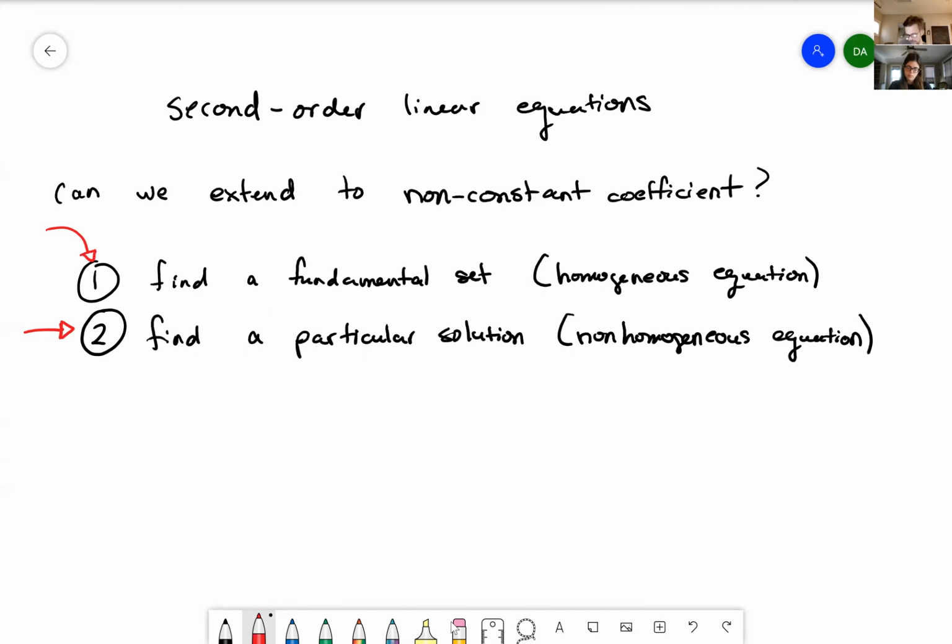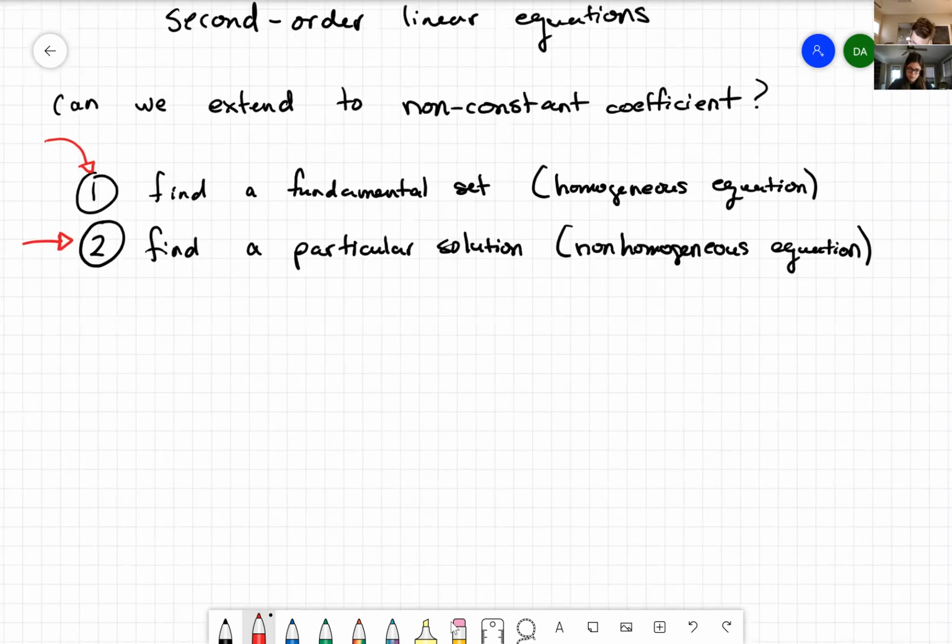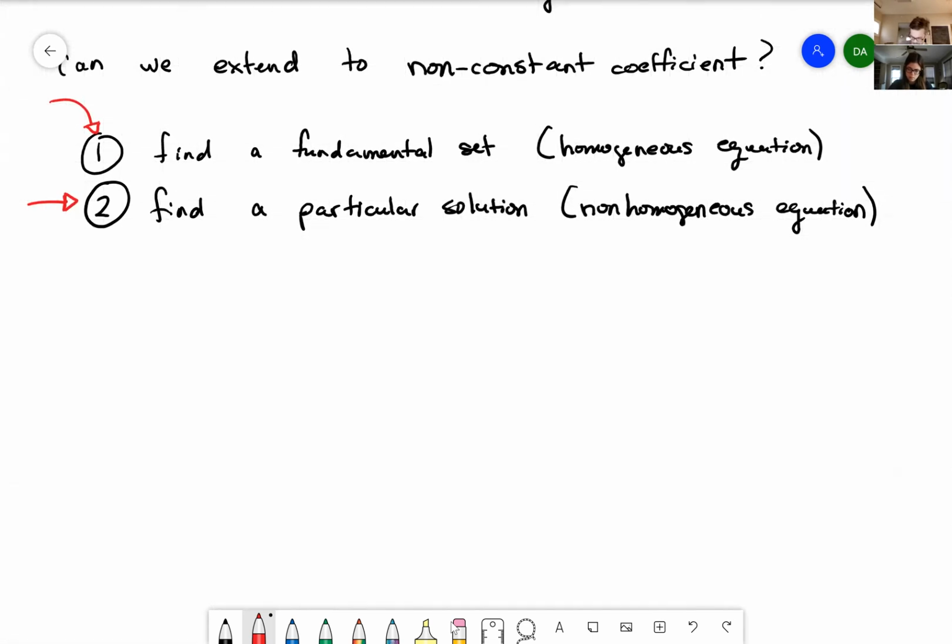And all of the methods that we had for getting a fundamental set involved having constant coefficients. So we could only deal with that situation. In fact, if we wanted to do the Laplace transform with non-constant coefficients, we had a little bit of trouble because we didn't talk about what the Laplace transform of t squared y double prime is, for example.